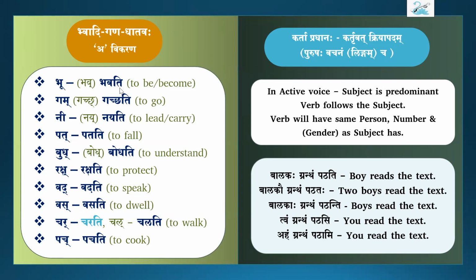Because tvam is madhyama purusha and singular, and when we use the singular, we use si. Pathasi. Good. So whenever there is a singular karta, the kriyapada will also be singular. That is the rule. Aham grantham pathami. Here we have nothing to do with karma, whether it is singular or plural, that doesn't matter, because we are focusing on karta and kriyapada.